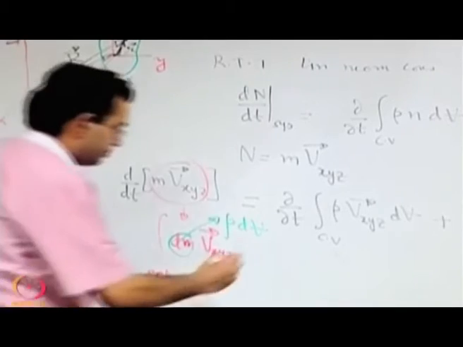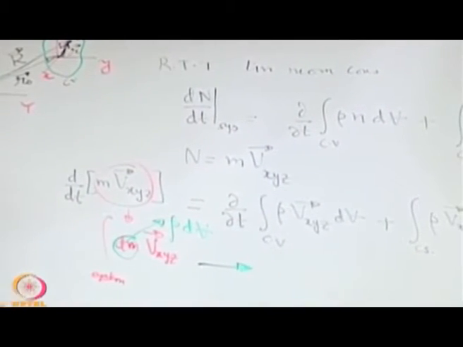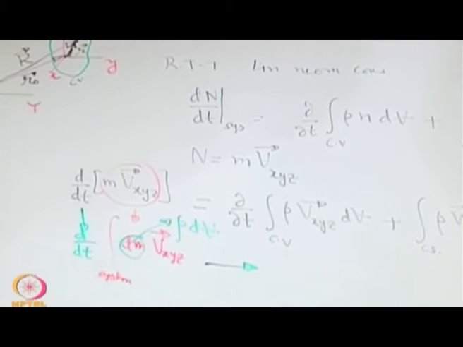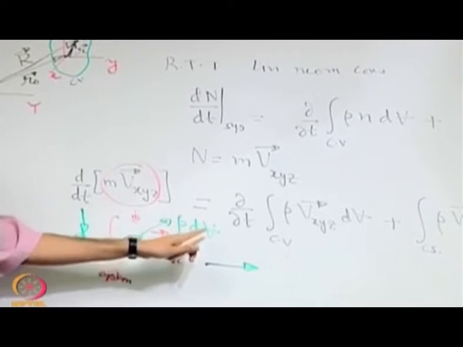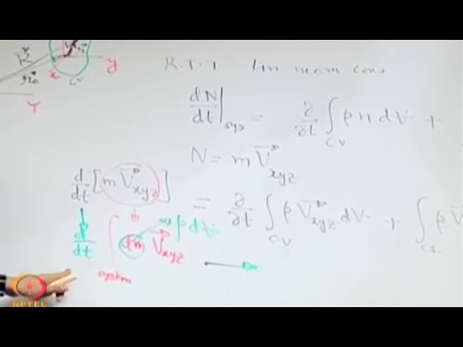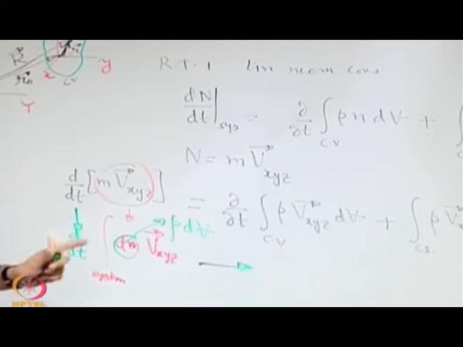Next step, if we put the ddt outside, then you have the ddt also. Next step, can we put the ddt inside? Yes or no? We have discussed these things earlier. What is the variable with respect to which integration is done? Volume. So if that volume is not a function of time, then we may put it inside the integral without requiring any correction terms.